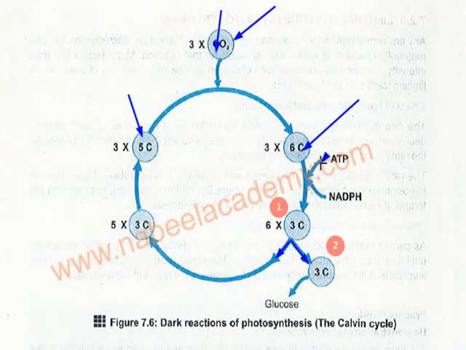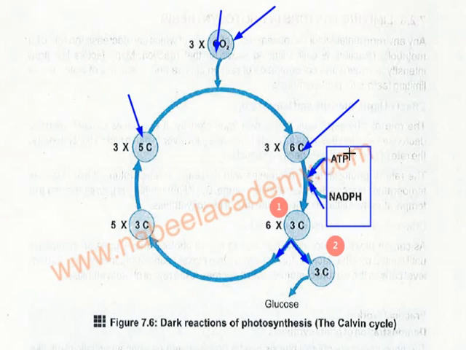See, the ATP is going inside the reaction and inside the cycle, and the NADPH is also going inside the cycle. So ATP and NADPH are also becoming a part of the cycle. Remember, these both compounds, ATP and NADPH, were formed in the light reactions.